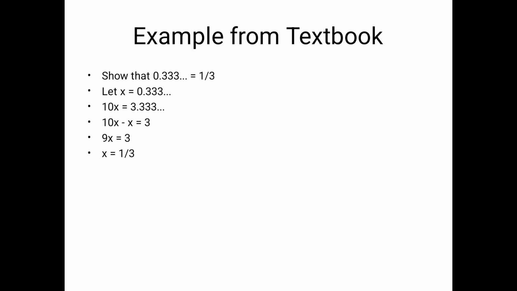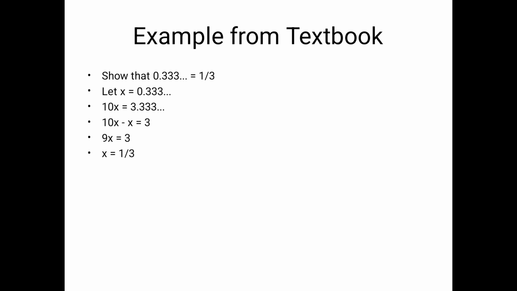So for that, what we have to do is observe that after the decimal point only the number 3 is getting repeated. Now, since one number is getting repeated, I have to take 10. If two numbers are repeating, I have to take 100. If three numbers are repeating, I have to take 1000, like that only. Here, only one number is repeating, that is 3.